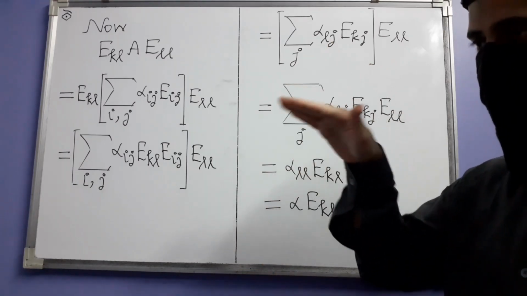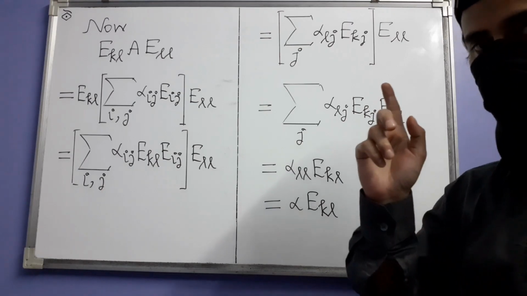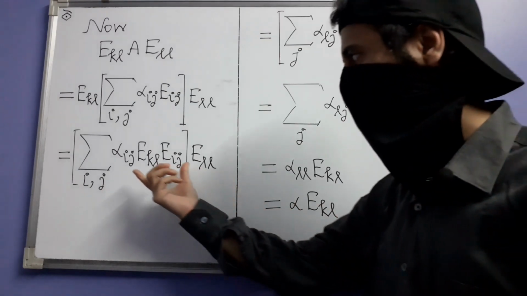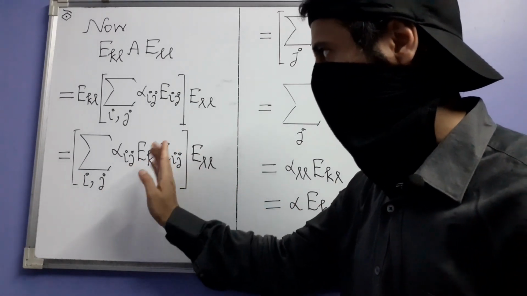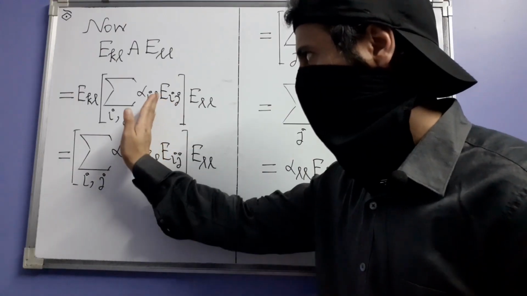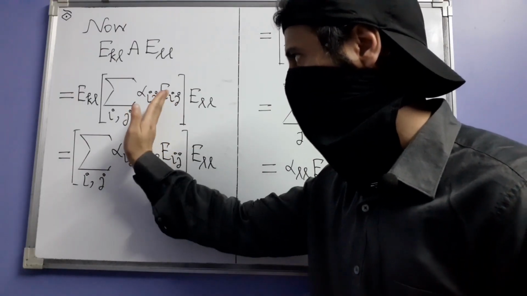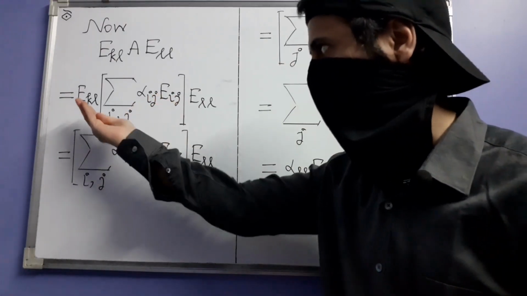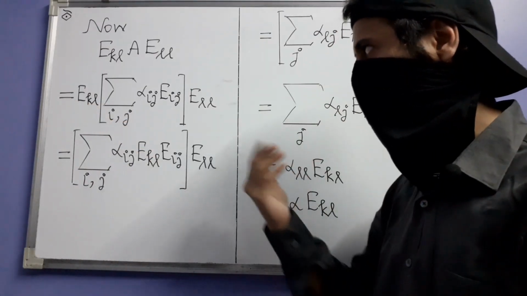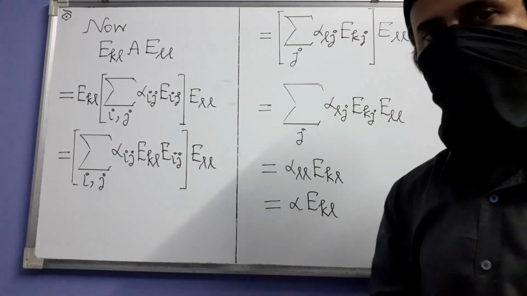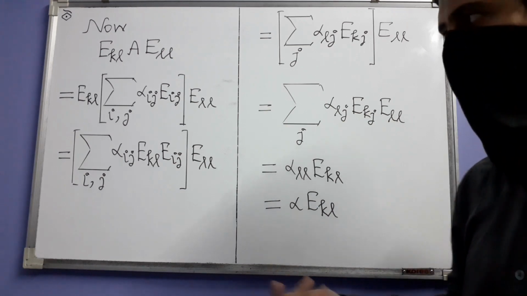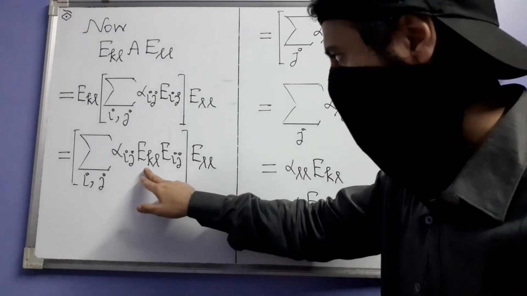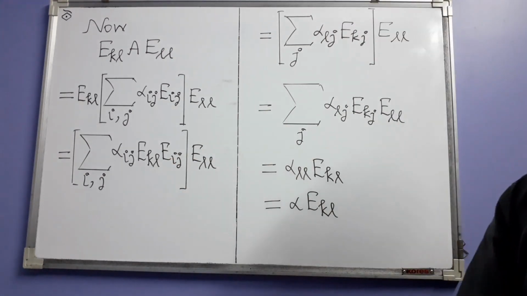There is that last algebra axiom, you go back to the definition of algebra, that has to be used here to shift the alpha ij from this to that. In other words, EKL penetrates this defense of alpha ij, I can express it that way, and it gets multiplied with Eij.